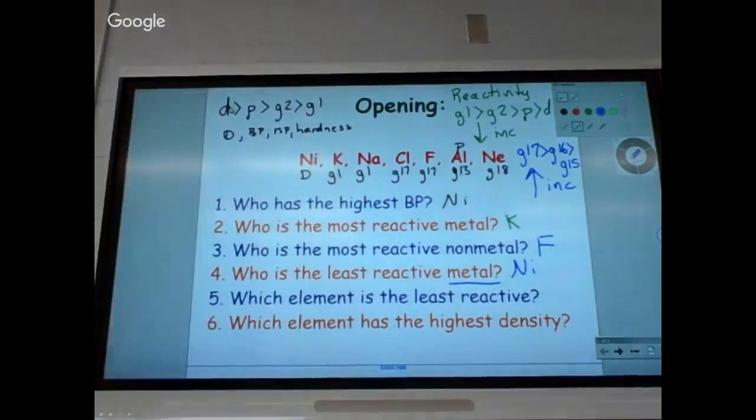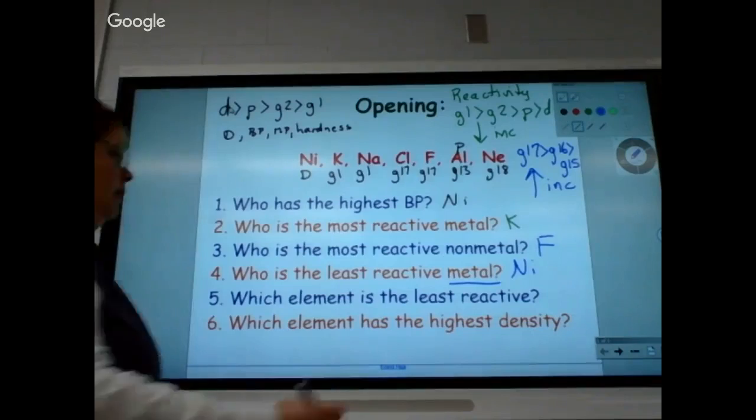Number 5. Which element is the least reactive? Did I say metal or non-metal here? So I could use metals and non-metals, right? So when I look at it, who's least reactive? Neon.